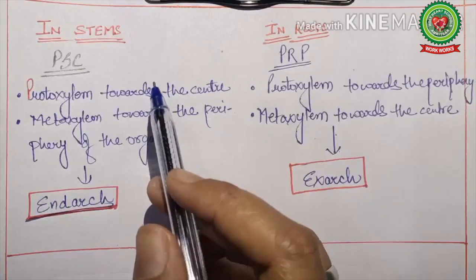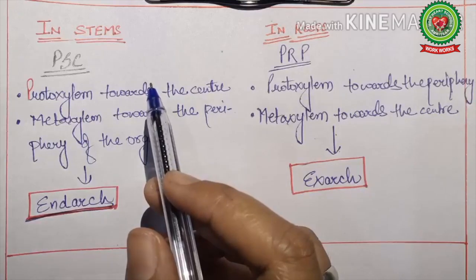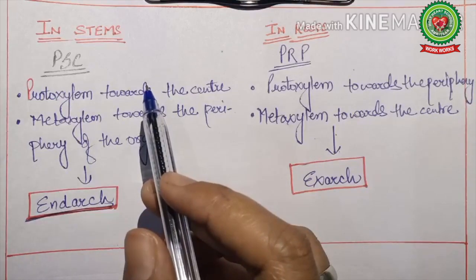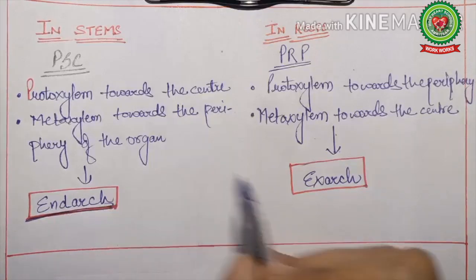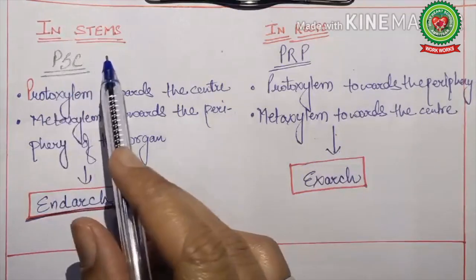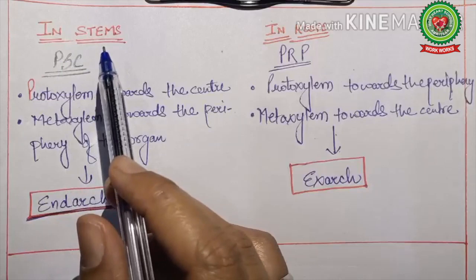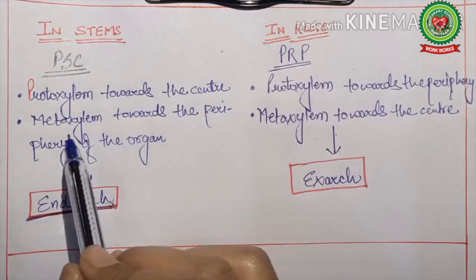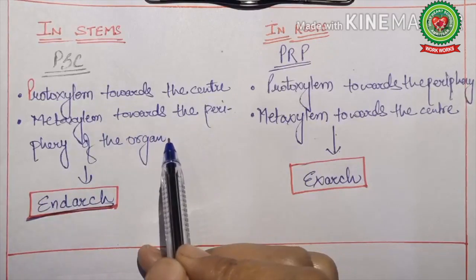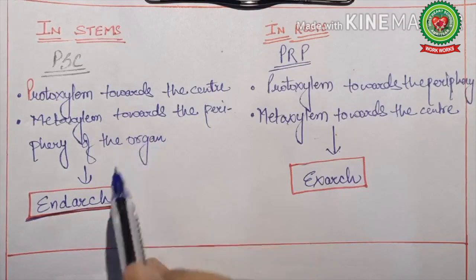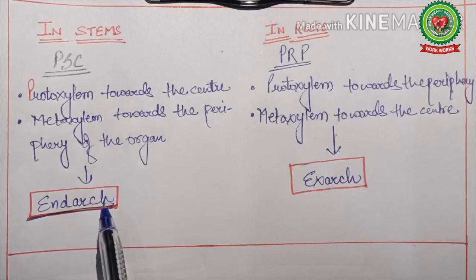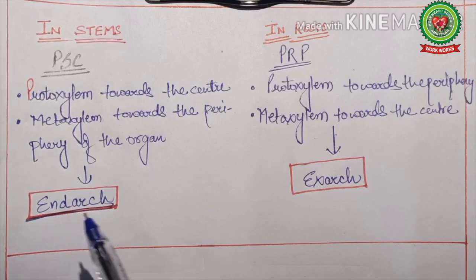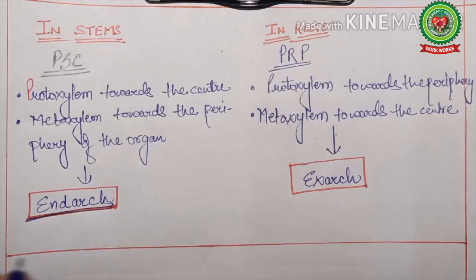On the basis of arrangement of protoxylem and metaxylem, primary xylem is further of two types, that is endarch and exarch. In case of stems, protoxylem is present towards the center and metaxylem is present towards the periphery. That is called endarch. Endo means from inner side to outer side, from center to out.